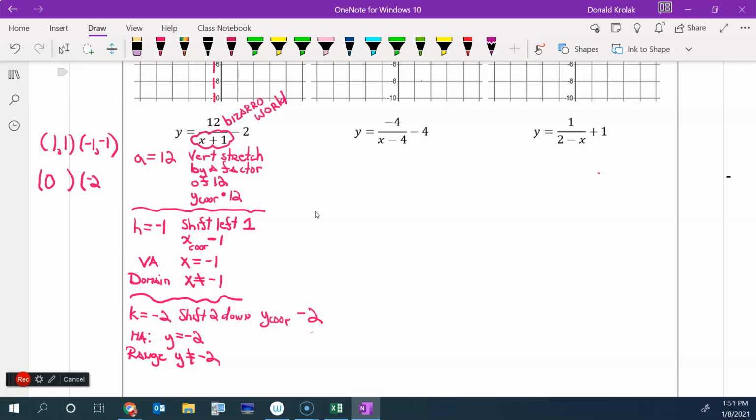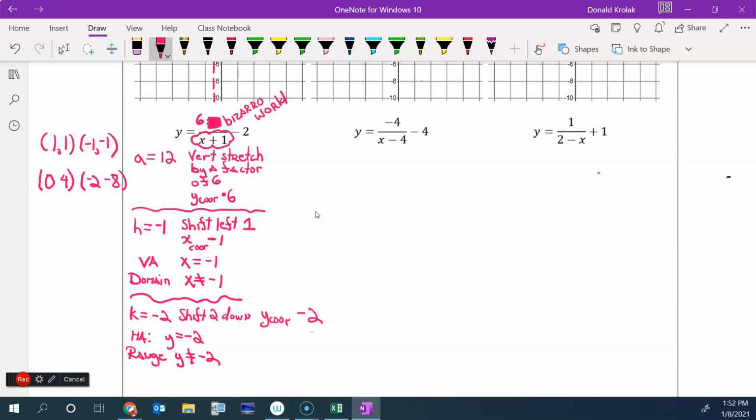Oh, to make this easier, let's not make it 12, because it won't fit on the graph. Let's just make it a 6 so it fits. So change this to a 6, guys. Otherwise, it's too big. All right, so I'm going to multiply by 6, and then subtract 2.